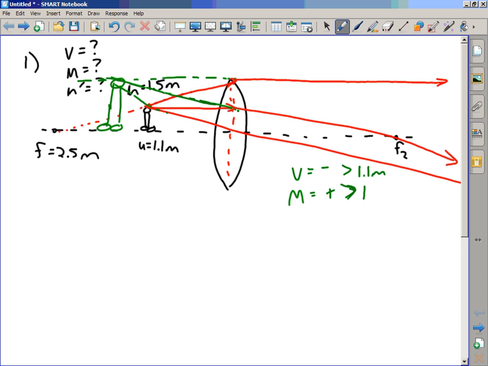The magnification is growth in size. And what do we expect from h prime? Positive and greater than the height, which was 1.5, right? Greater than 1.5. So there are my predictions here.